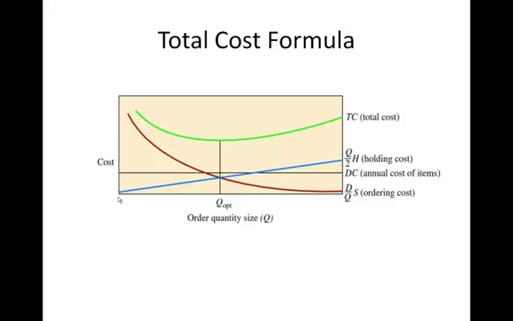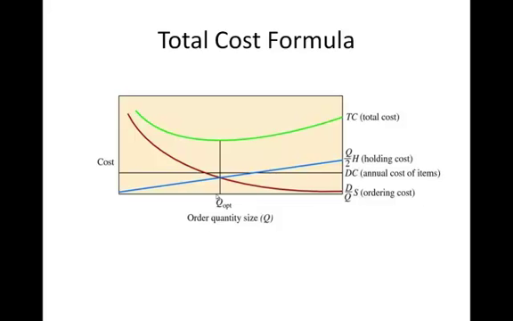That represents our total cost for this inventory item. That green line is a combination of the lines below it. Where you see the middle that indicates the lowest total cost, you'll notice that that's the intersection of the red line and the blue line. That represents our EOQ, or our economic order size.